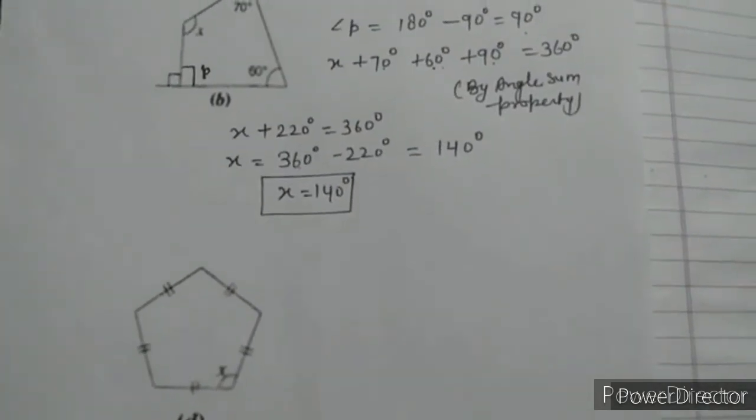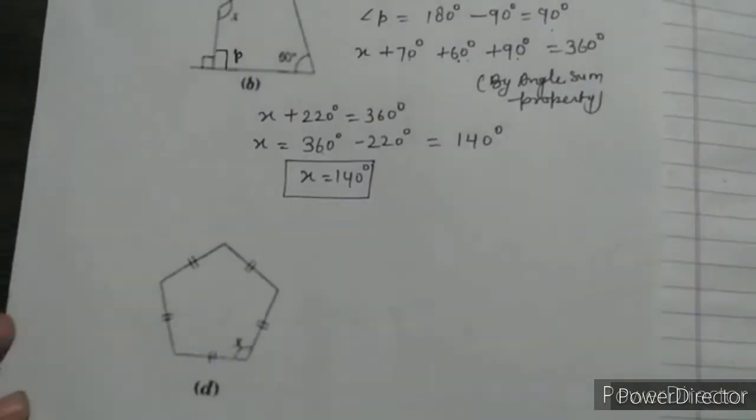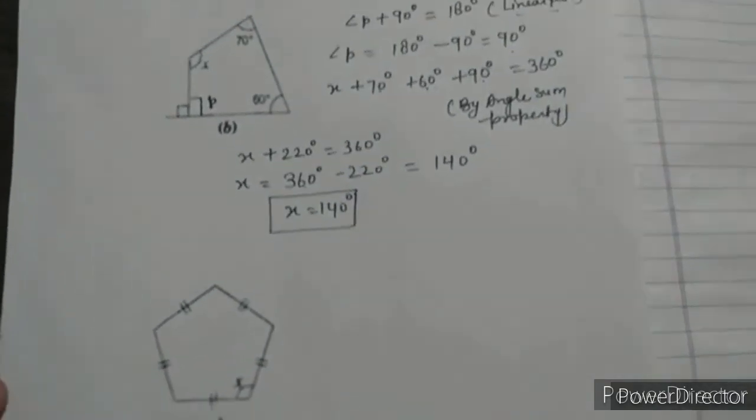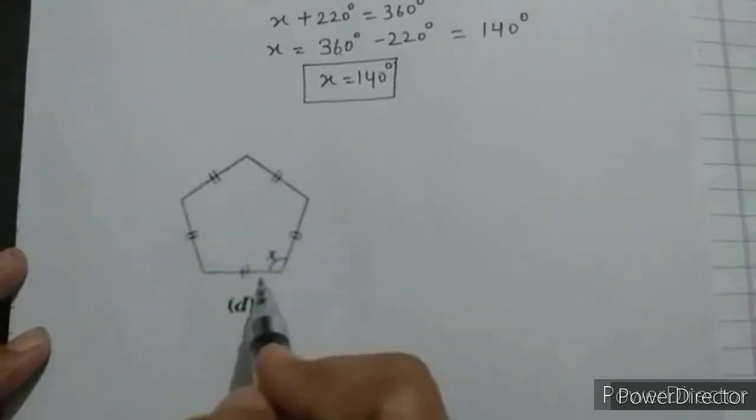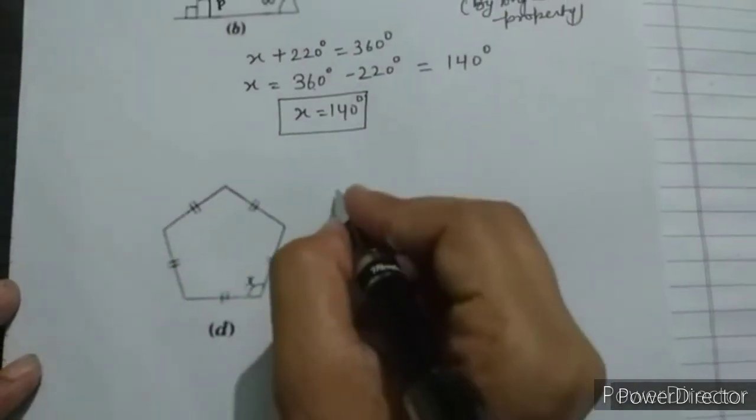Now you will do part C by yourself. I am doing part D. Here one regular pentagon is given whose 5 sides are equal.